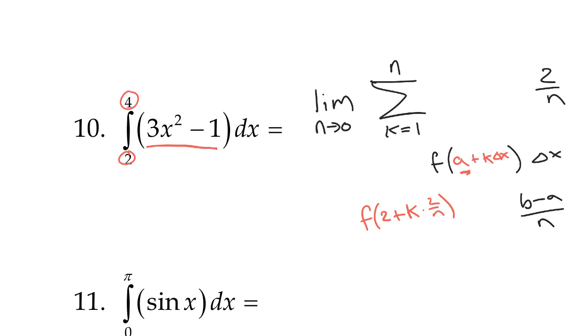And since I already have my function, 3x squared minus 1, I can just plug that in. So it's going to be 3 times 2 plus k times 2 over n, so you might see it as 2k over n, squared, minus 1 times that 2 over n. So this is our final answer here.